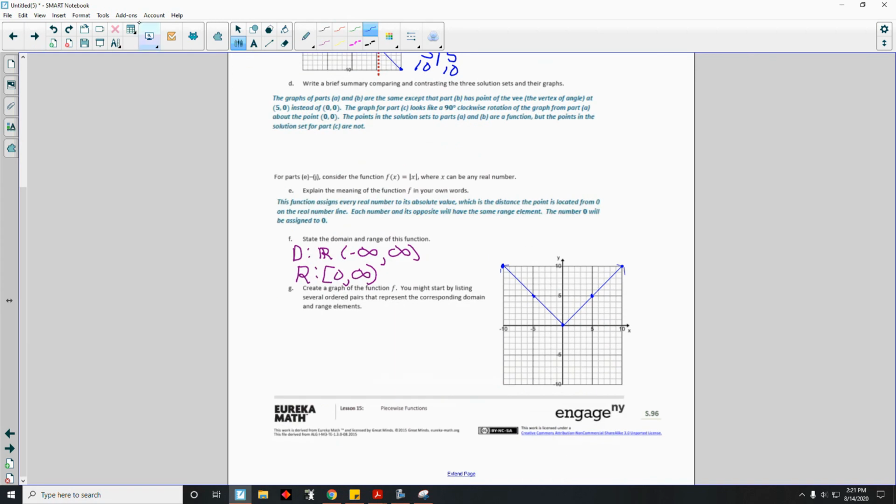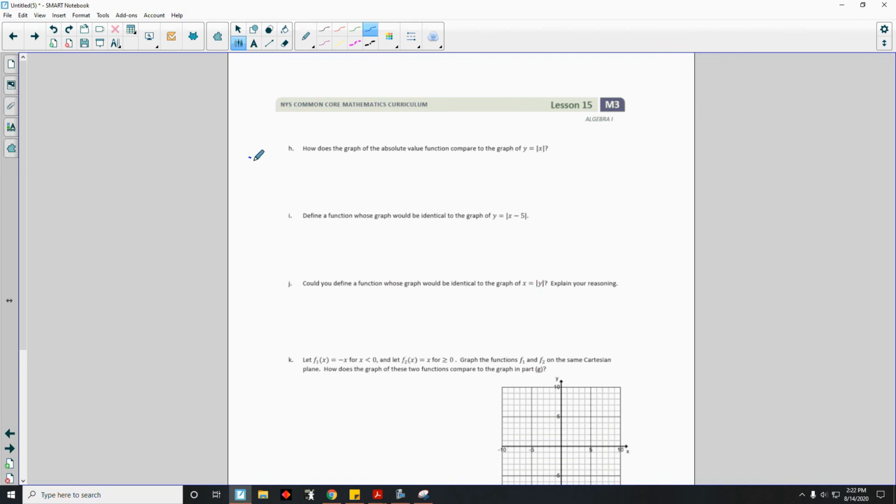F of x equals, okay, f of x means what is y? This term f of x just simply means what is y when we take the absolute value of x. So f of x equals the absolute value of x is what they're talking about here. So how does the graph of the absolute value function compare to the graph of y equals the absolute value of x?